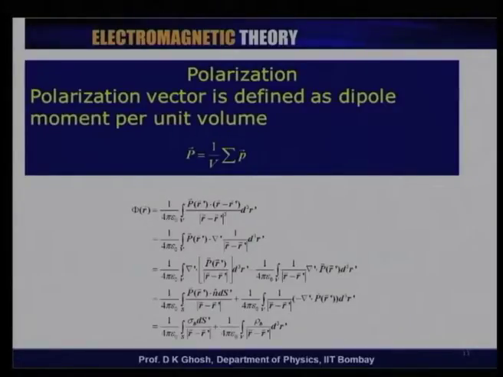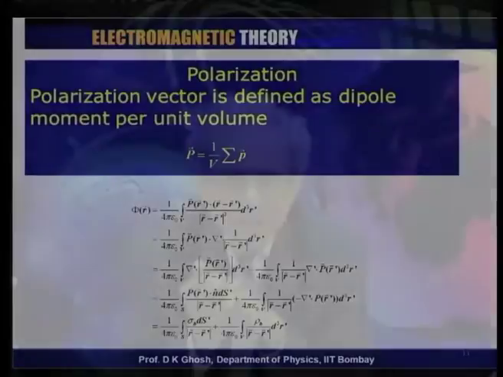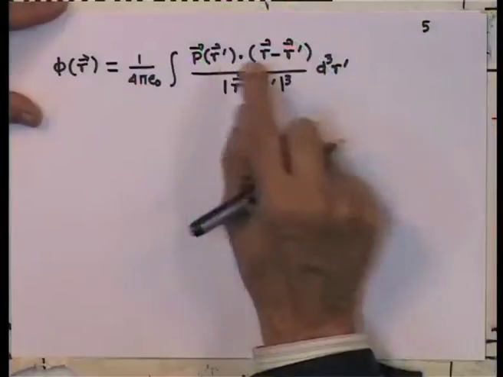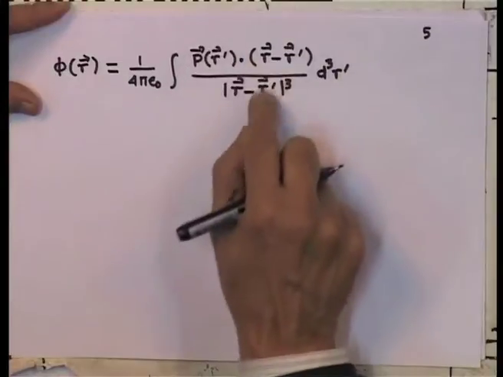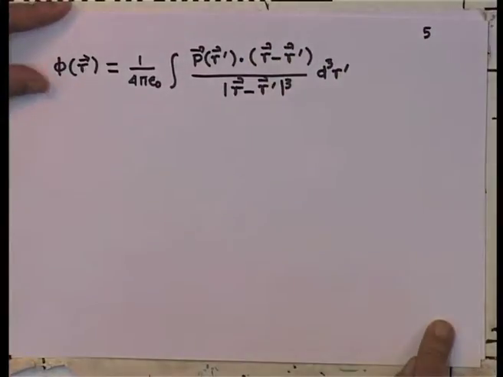Since I have defined the polarization vector as the dipole moment per unit volume, if I consider a volume d cube r prime, the dipole moment vector of that volume is given by the polarization P of r prime times the volume element. So, that is what I have done in this expression. I have written P of r prime d cube r prime, that is my dipole moment, and the rest of it is just the way we wrote it down.